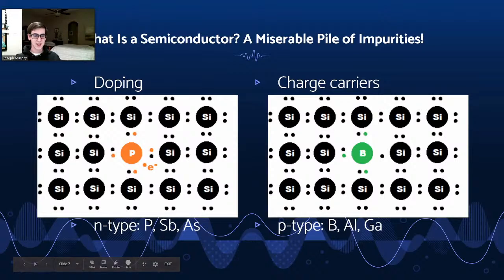But beyond adding in species with extra electrons, we can, somewhat counterintuitively maybe, add in species with fewer valence electrons. So on the right, instead of adding in phosphorus, we've added in a boron atom, which has 3 valence electrons. So we form 3 bonds with nearby silicon, and then we have 1 lone electron that's just sitting there, I guess. It's not a complete bond, right?